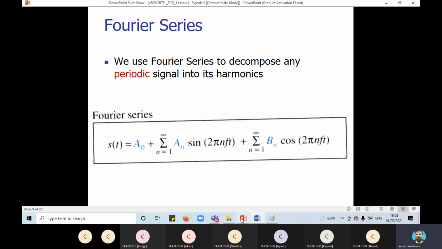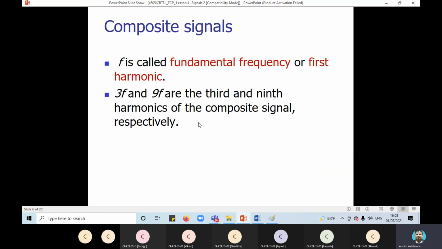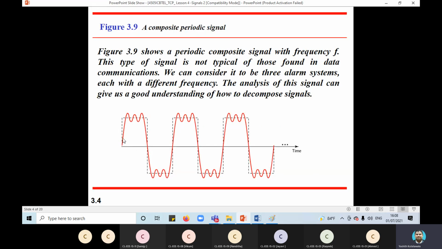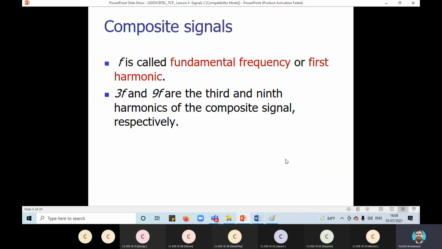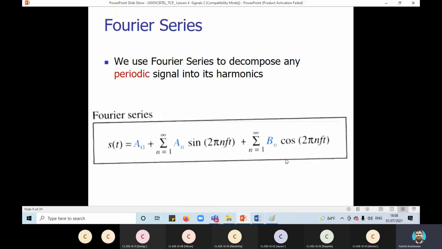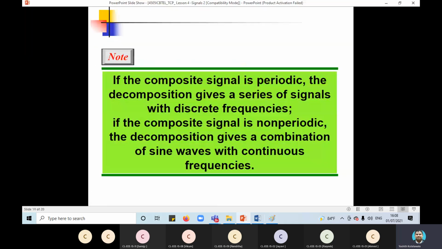But when it comes to a complex signal like this, at every instant the voltage keeps on changing. This is not a simple situation, this is a complex situation. In a complex situation also, we have an instantaneous voltage. That is what you see here in the Fourier series as the subject. We call it instantaneous voltage or instantaneous amplitude of a complex periodic signal.